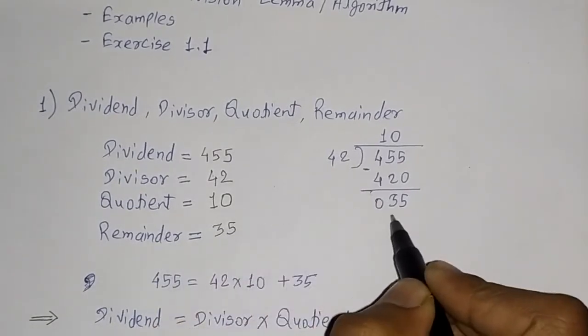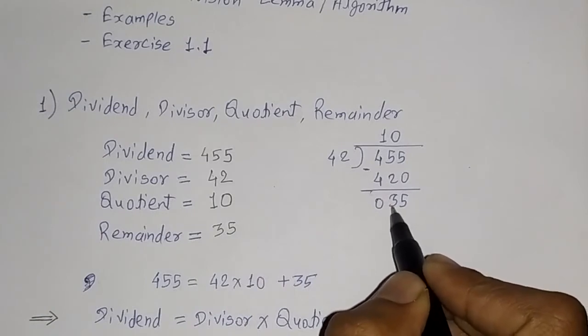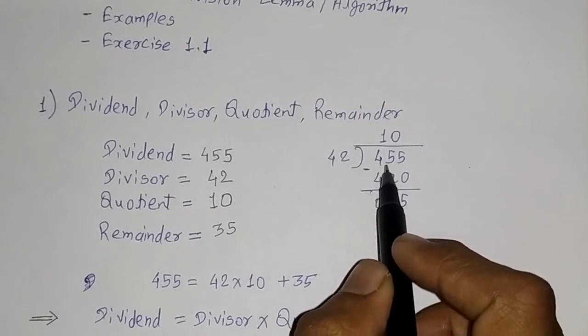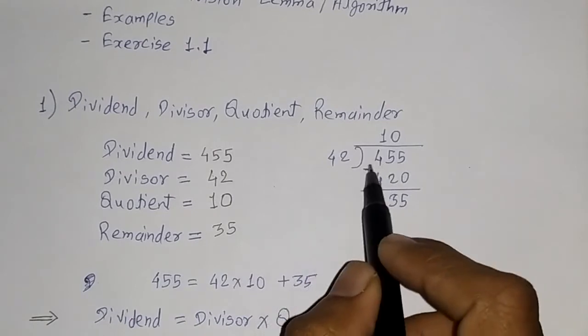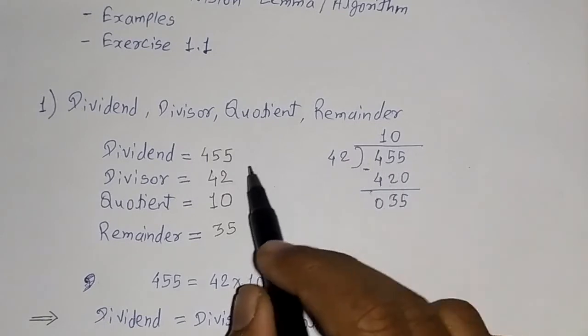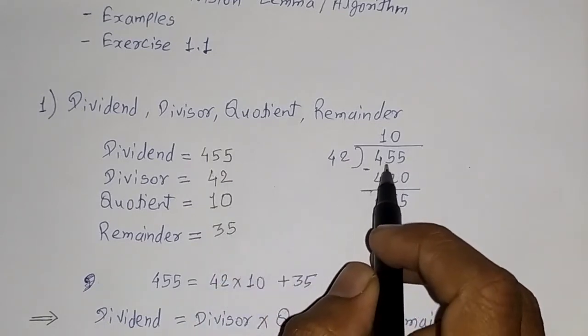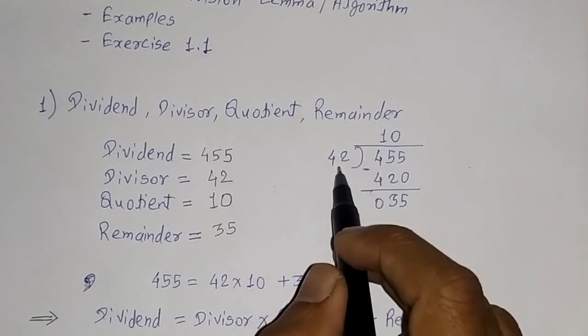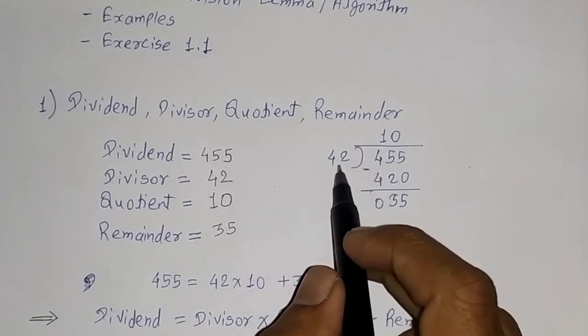All of you know the concept of remainder. Only thing you have to remember is what is dividend. The number which we divide is called the dividend. It is 455. The number by which we divide is called the divisor. What is the divisor here? 42.